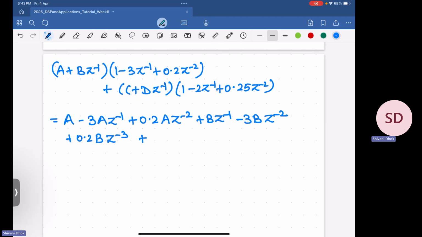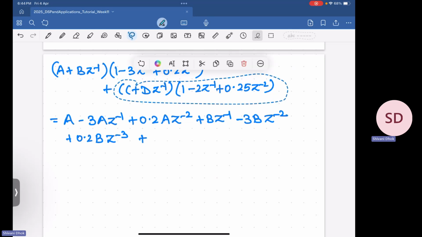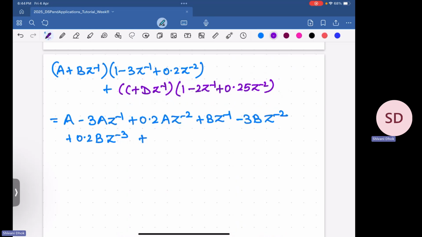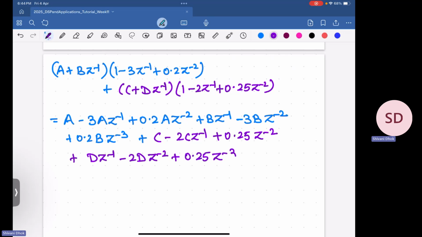Similarly, the second part, let me write it in a different color just to distinguish, becomes c minus 2cz inverse plus 0.25c z to the power minus 2 plus dz inverse minus 2d z to the power minus 2 plus 0.25d z to the power minus 3.